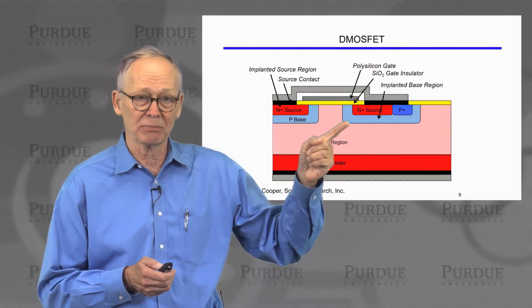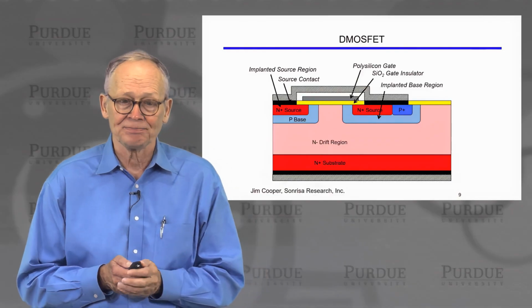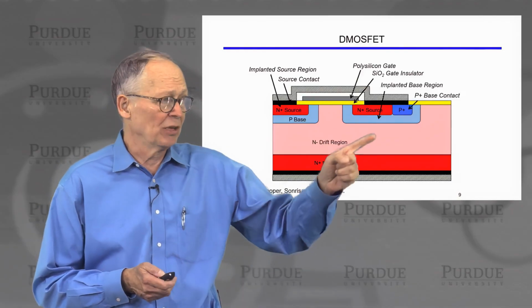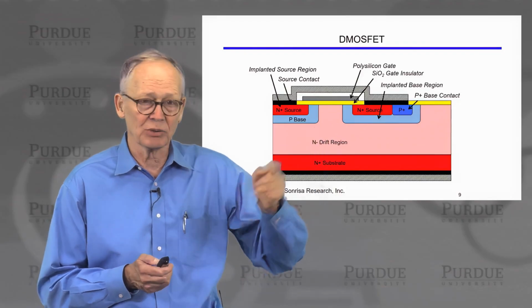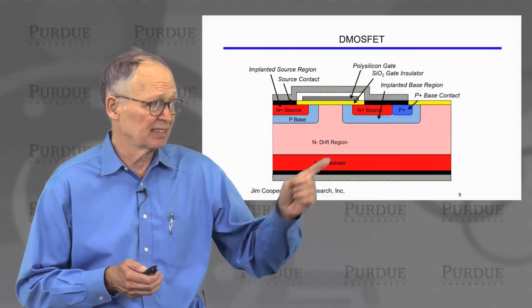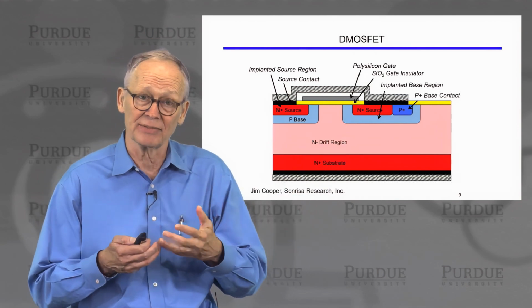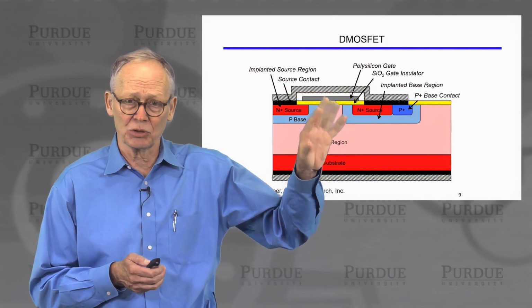So this is a P-type implanted region. So now we have an N-type source, we have a P-type channel. We also have a contact. So on these, we typically short the source to the P-type substrate. This P-type region is like the substrate of an N-channel transistor. And that source is shorted.